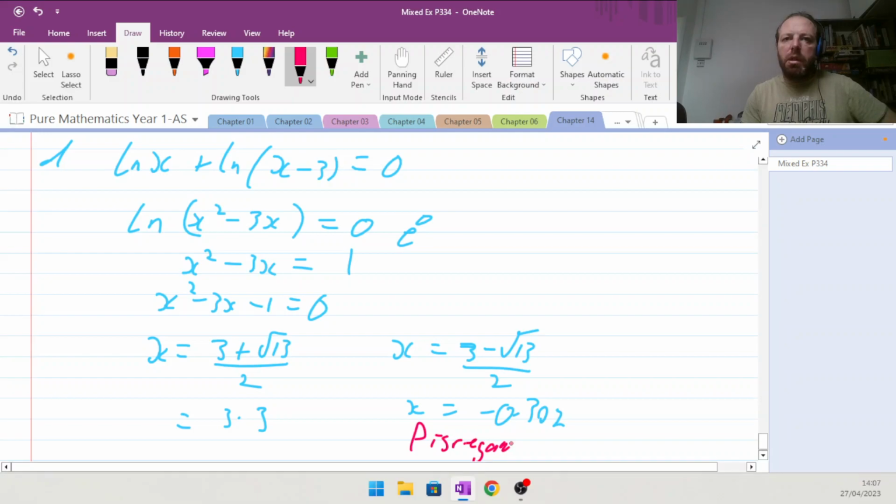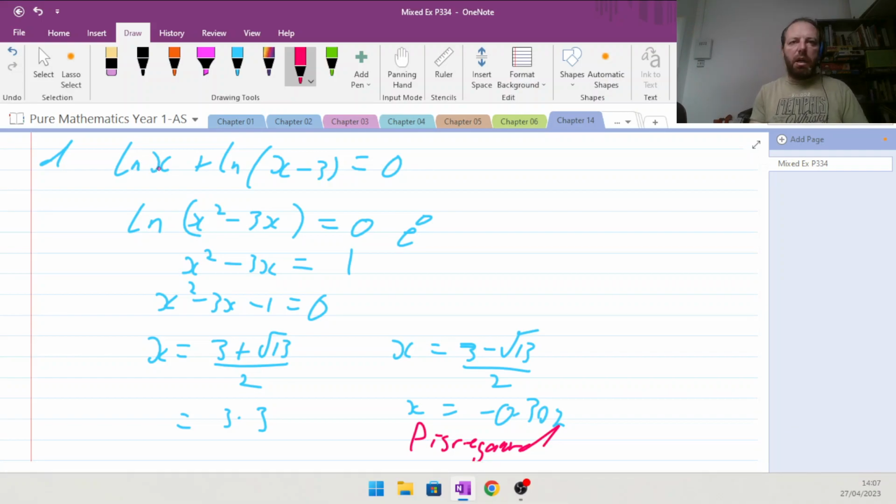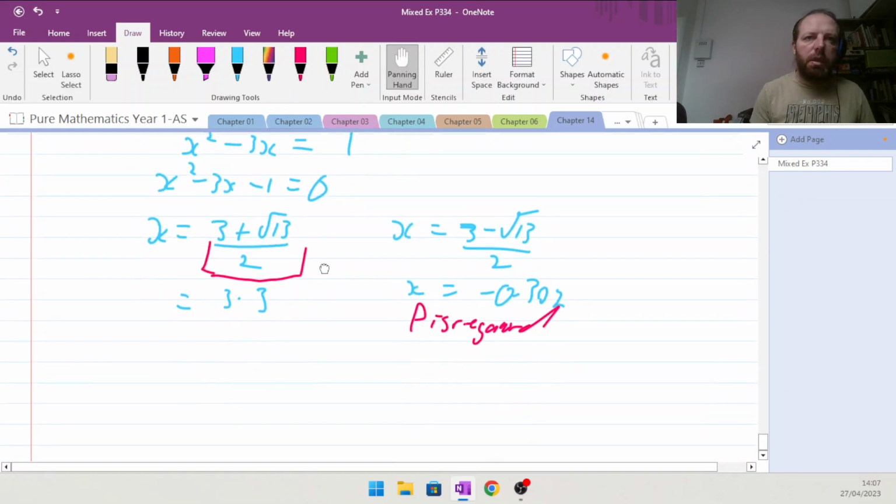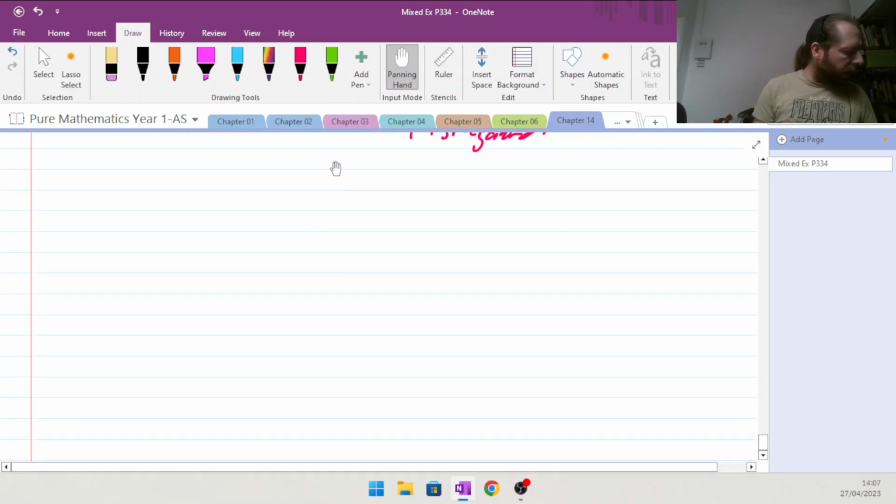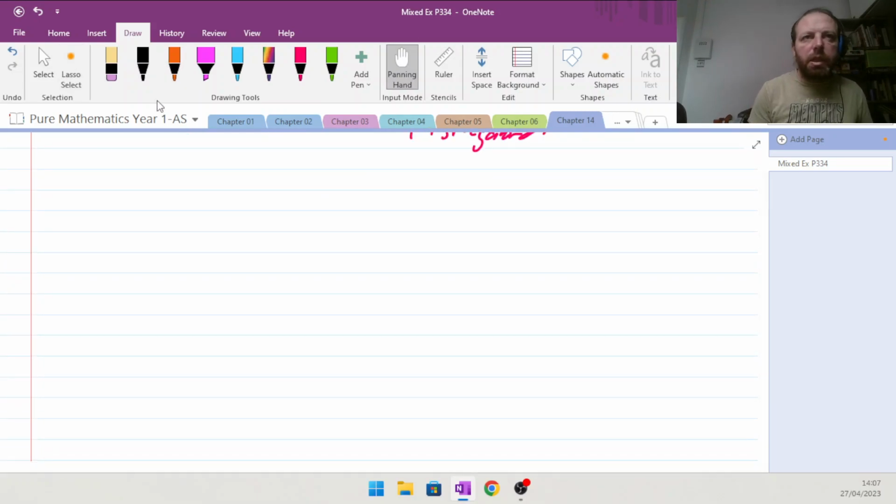Disregard this negative answer because we can't do the ln of a minus number, can we? I don't think you can. Yeah, so the answer is 3 plus root 13 over 2. All right. D done. E next.